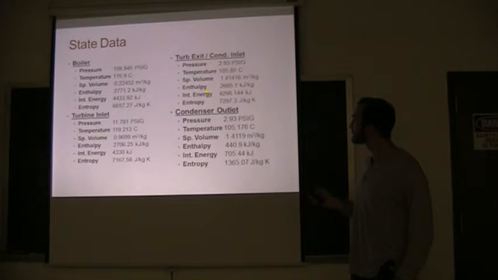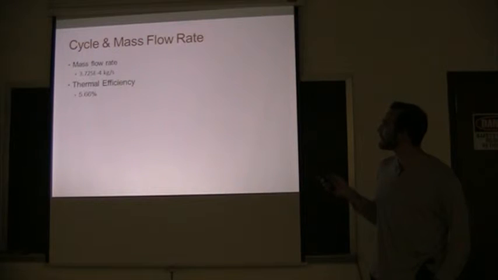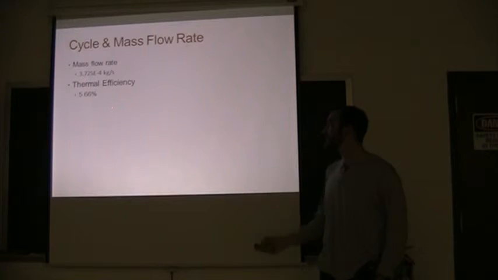These are just what we went through, major pieces, a lot of the calculations and the internal energy calculation. It wasn't really too complicated. So here's our mass flow rate for the cycle and our variable efficiency. Like I said before, we got pretty similar values for most of this, especially the thermal efficiency.